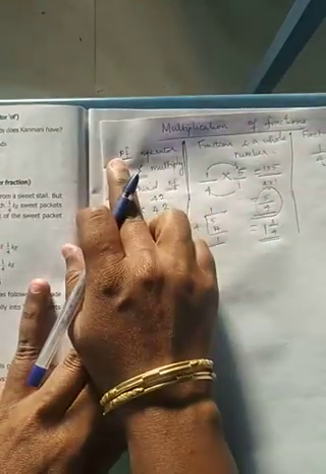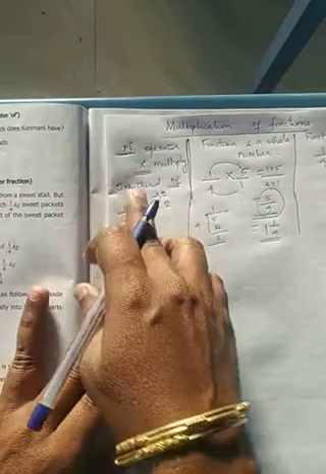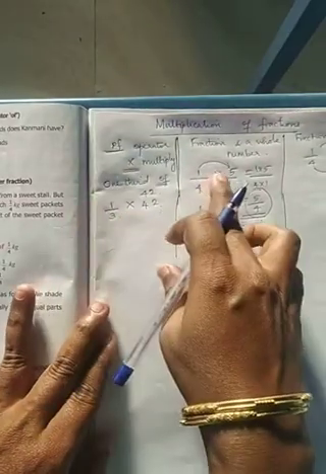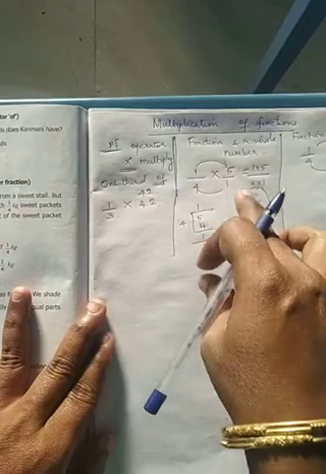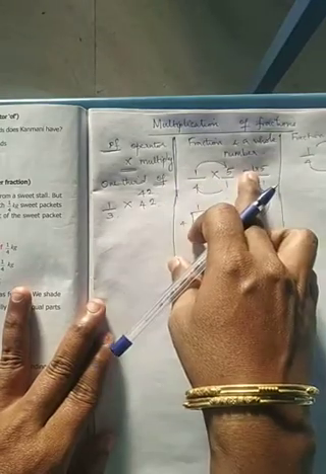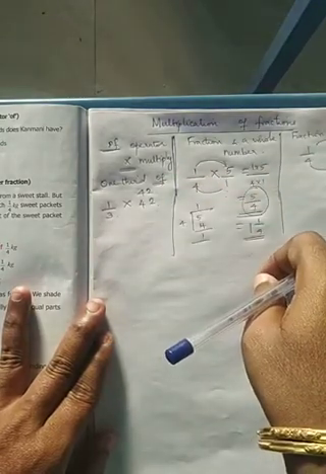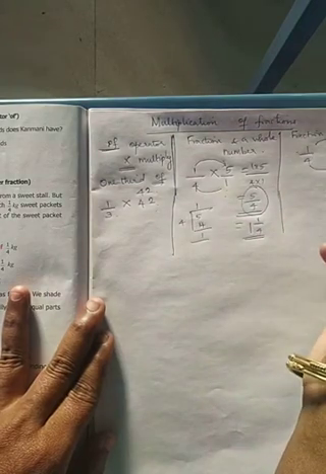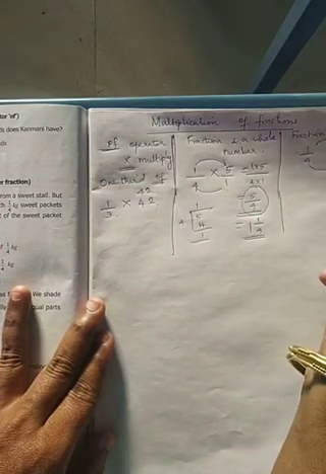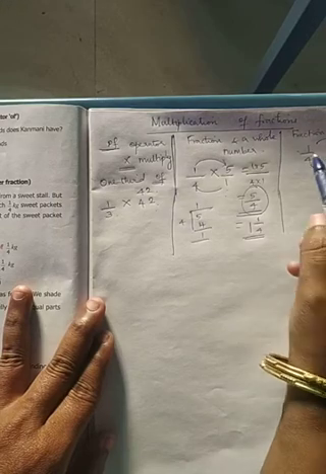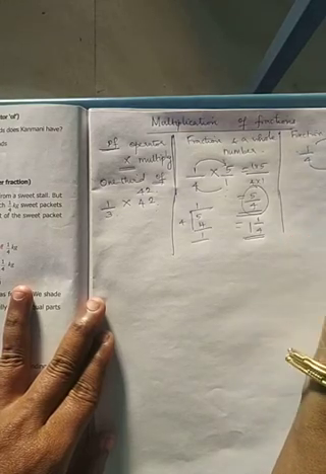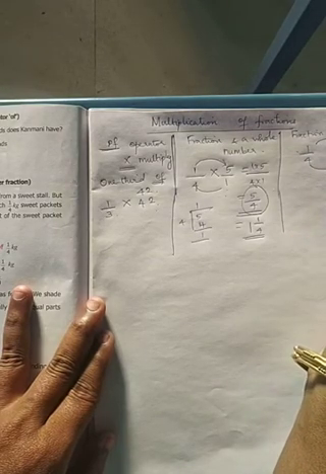If you find the word "of", then you can go ahead with multiplication. If you find a whole number, you can simply multiply and then reduce. If it is a fraction into a fraction, you can do it by multiplying the numerators separately and the denominators separately.